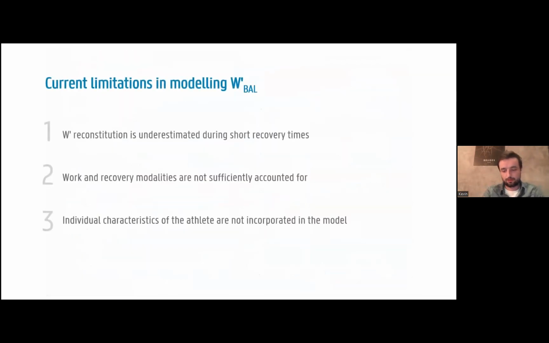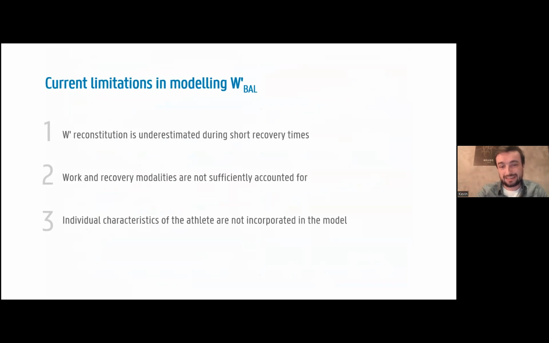So based on our findings, the studies that I presented you, there are three main concerns. If you use current modalities, and at least if you start from exhaustion, W prime reconstitution is underestimated at short recovery times.